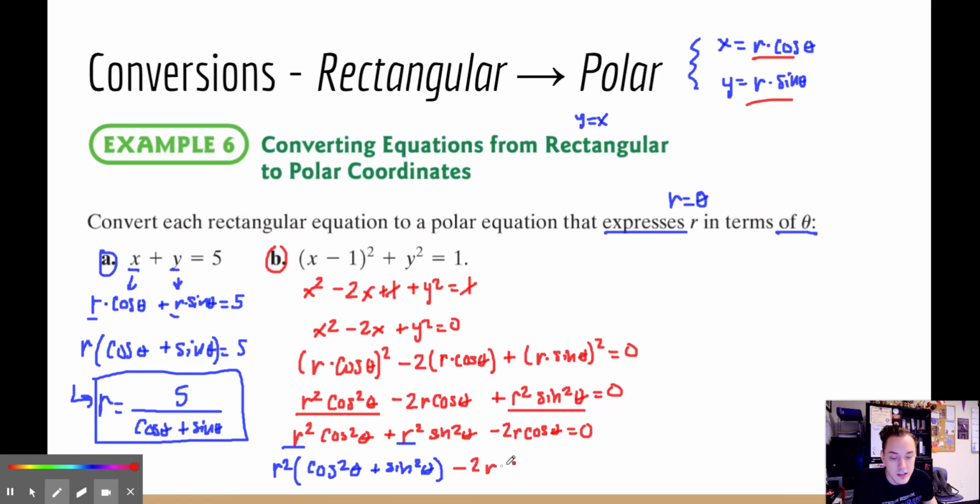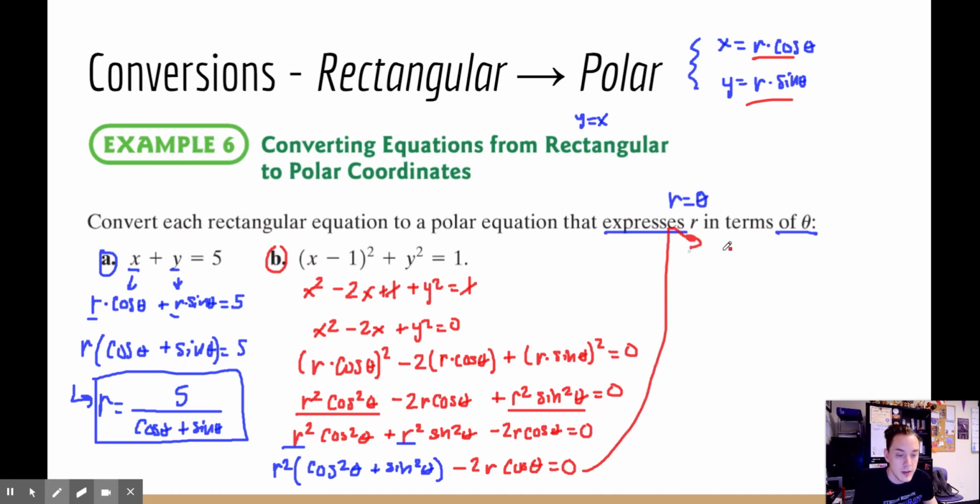So this is minus 2r cosine theta equals 0. Let's finish the work up here. Obviously, this is the identity, so that's 1. So 1 times r squared is just r squared, and this is minus 2r cosine theta equals 0. That's what I have so far.